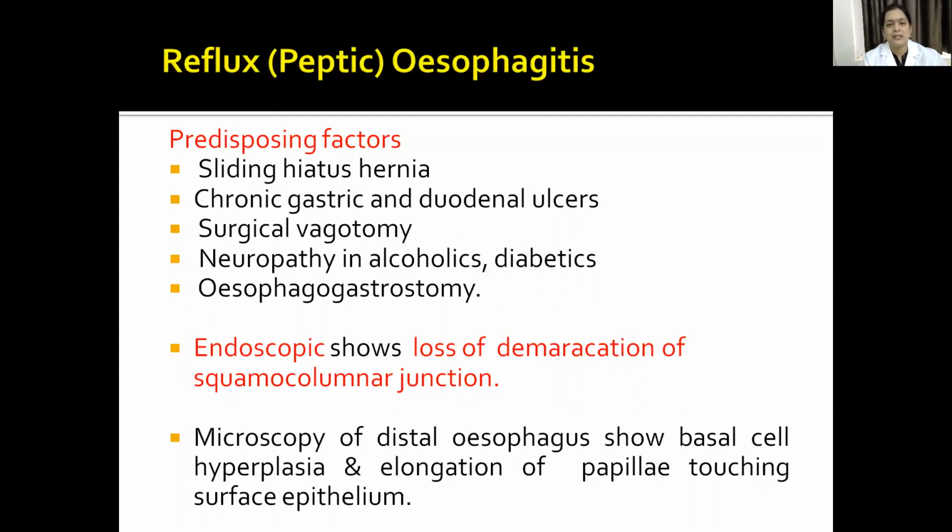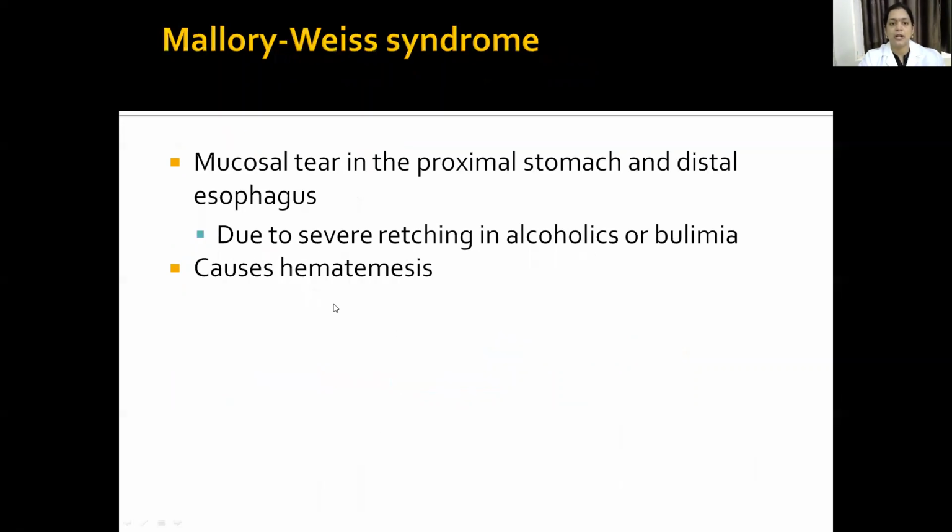Because there is esophagitis or inflammation, there is basal cell hyperplasia. That means it wants to be strong. It wants to make the epithelium strong and fight all the acid which is coming. So to increase that tensile strength, it tries to proliferate and make more squamous cells. And then there is elongation of papillae touching the surface epithelium, right?